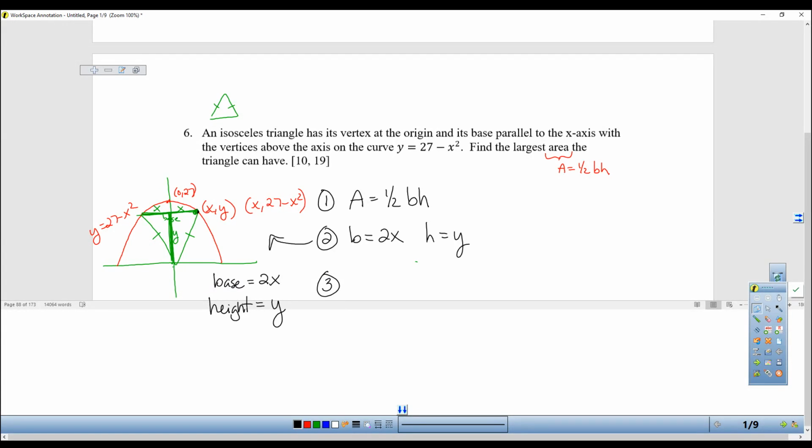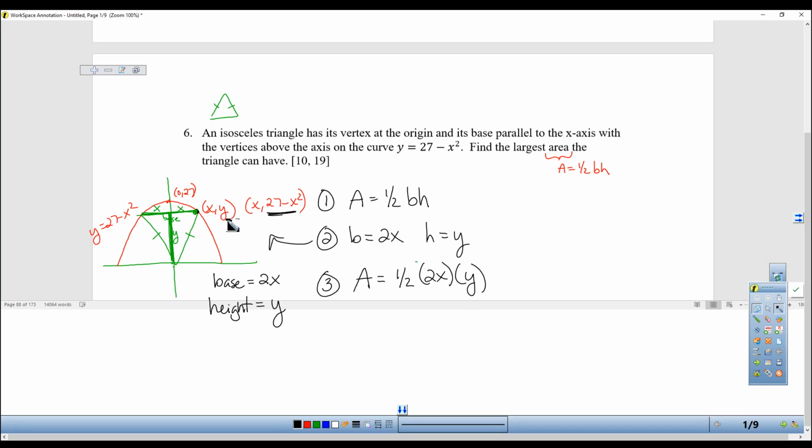Step 3, use your constraints to reduce your equation to one variable. I didn't quite do that. I still have an x and a y. Really, all I did was change it. So 1/2 base times height, and I still need something else. Do you see a way that we can represent y in terms of x?